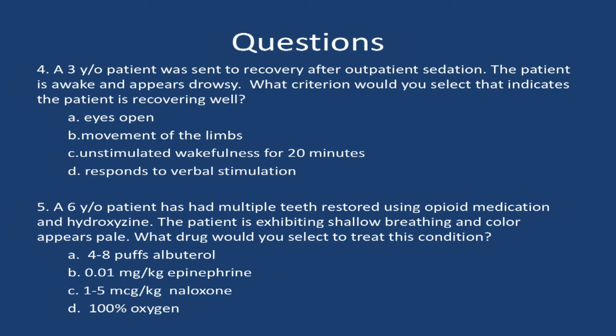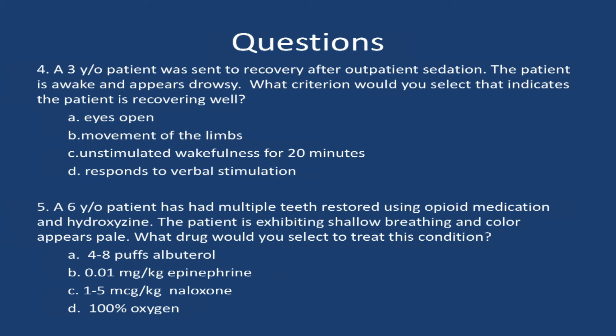I don't think that's the drug you want to be considering. It's a bronchodilator, and it will increase the power of the cardiac contraction. So that's something to keep in mind, but that's not a symptom that was put there. It's the breathing that's the problem. And you can do 4 to 8 puffs of albuterol.